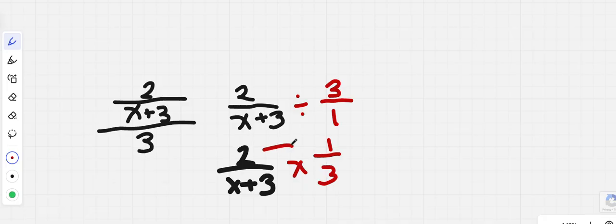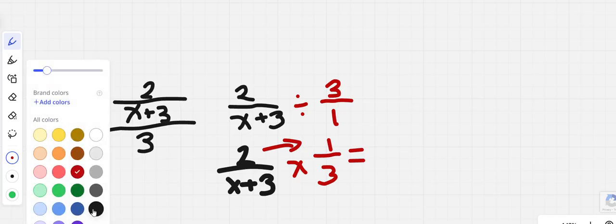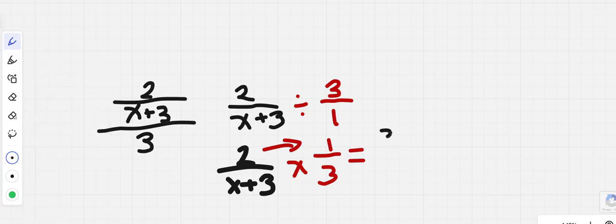And remember, we multiply straight across. So that's going to be a final answer of 2 over 3 times x plus 3.